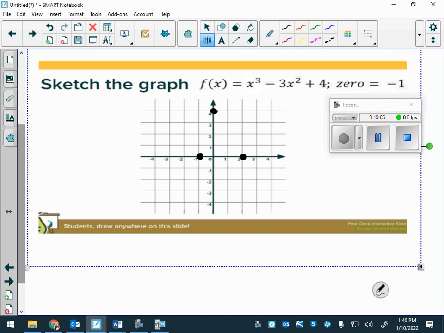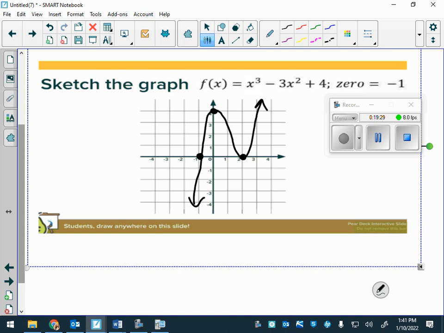At 2, what's happening? Touch. So you go through, come down, and you bounce right off. That's an exact sketch. The only thing we don't know and don't have exact are what the max and mins are. But we know those 3 points to help us create our graph.